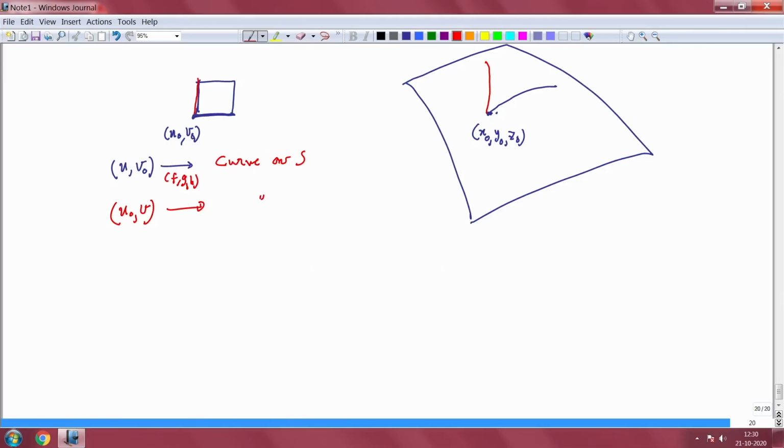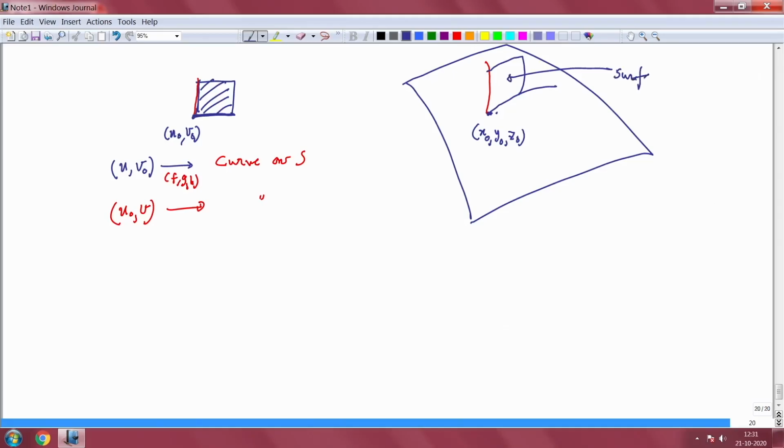So, what do I want to understand? If I have a small region here, it will move, corresponding to that, to a small region here. Exactly this region is the surface area element.